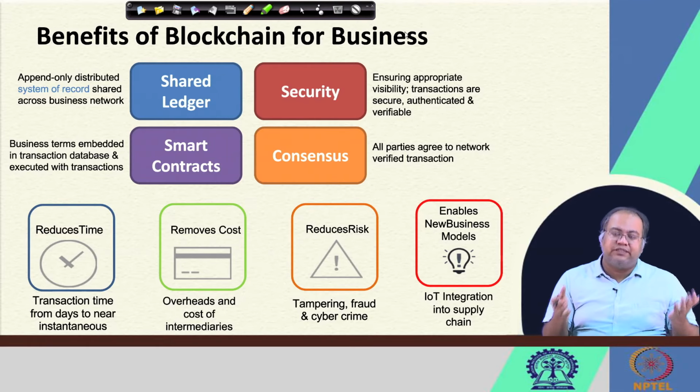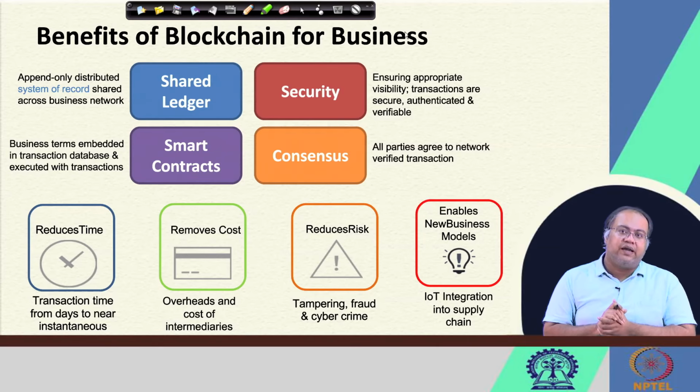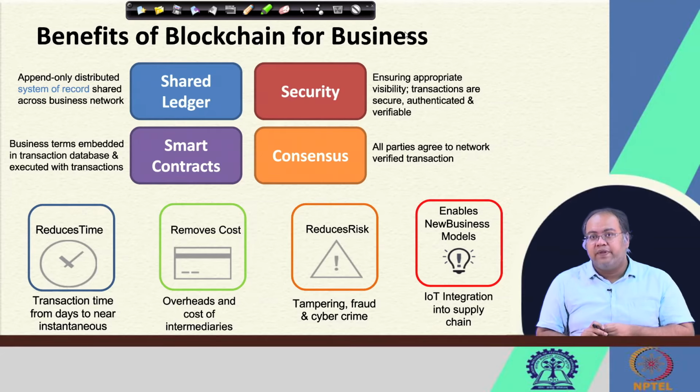So, that way the business automation sees a new direction, a new goal with the help of this kind of smart contract. Then the third pillar of blockchain is security, as I mentioned, that it ensures the appropriate visibility of the information across different stakeholders, and the transactions are secure, authenticated and verifiable.